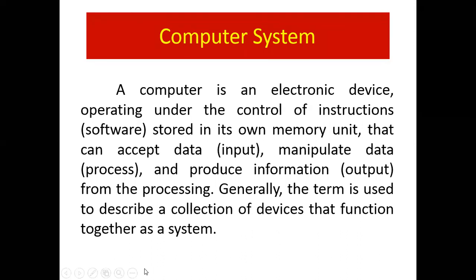Generally the term is used to describe a collection of devices that function together as a system. In a computer system, there are different peripheral components attached in the form of hardware, which collectively work to perform different activities for you. So it is called a computer system. It has some defined boundaries. So computer hardware has some defined boundaries.